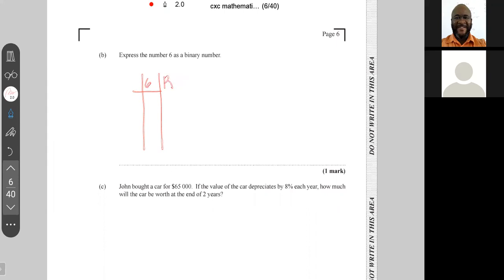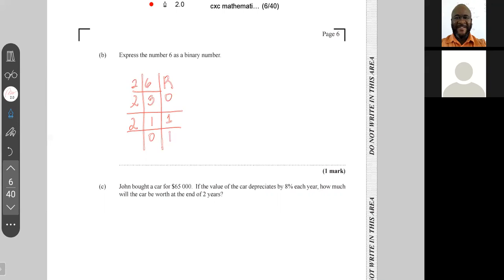Now 2 goes into 6 3 times and remainder 0. 2 goes into 3 1 time and remainder 1. 2 goes into 1 0 times and remainder 1.